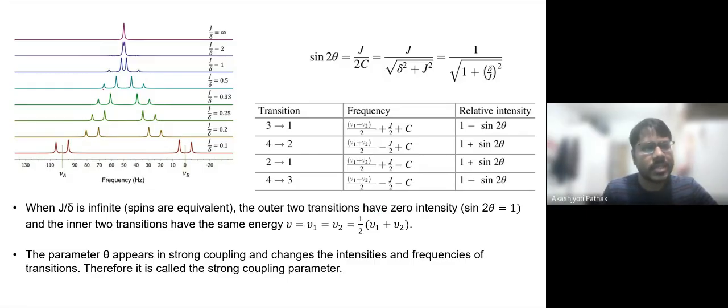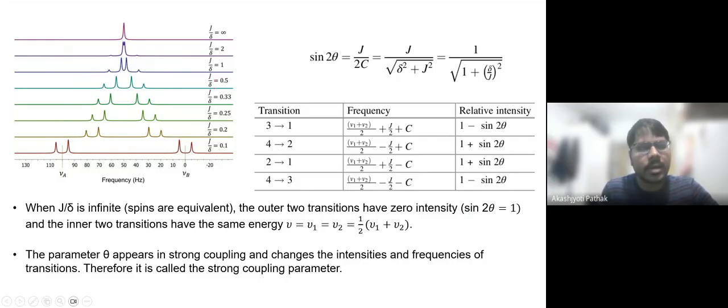So this is a singlet. Then this is a doublet. As the splitting takes place, you can see the outer peripheral peaks are almost having zero intensities.